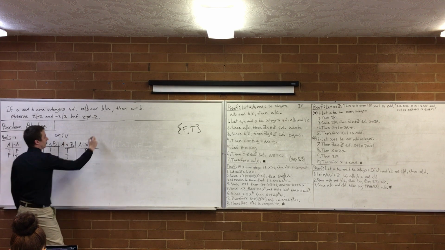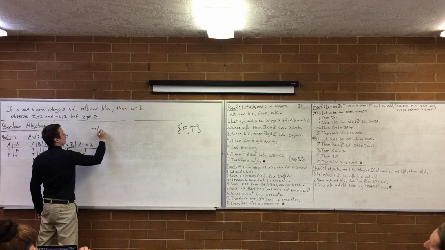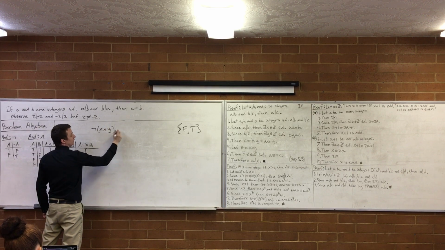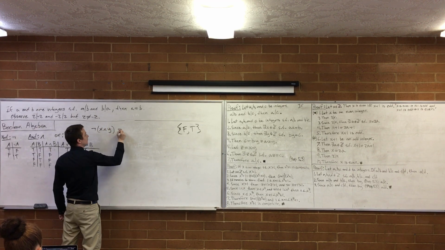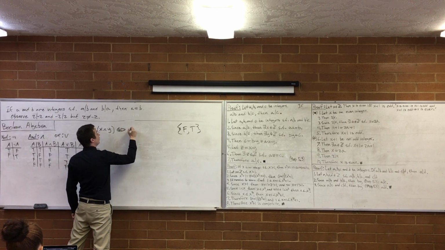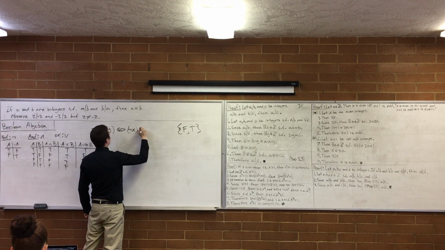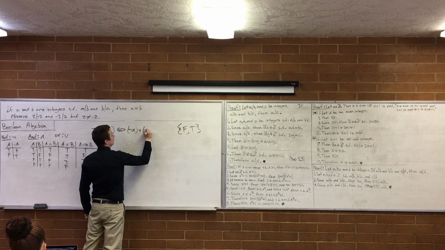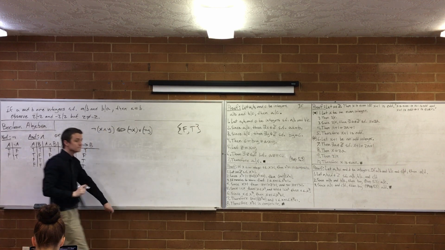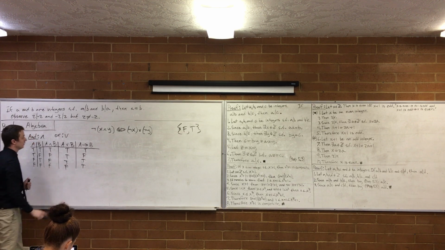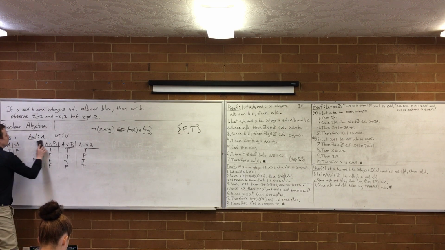It wants us to prove that not (x and y) is logically equivalent to, doing the arrow back and forth, not x or not y. Isn't it and? No, it's or. Okay, so let's prove that.